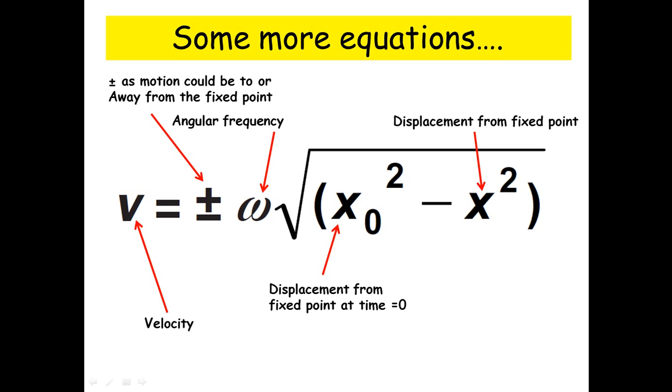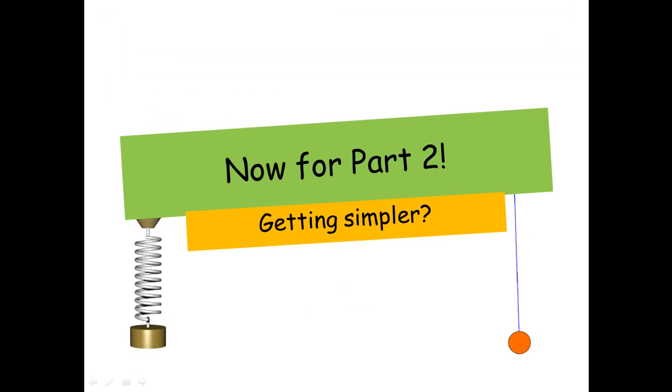If you think about an object like an oscillating spring, when it's furthest away, x0 squared and x squared are going to be equal, so they'll cancel each other out. So the velocity at that point when the spring is furthest away is just going to be 0.